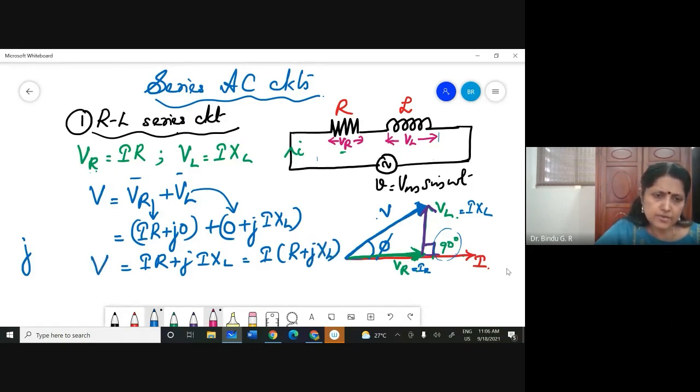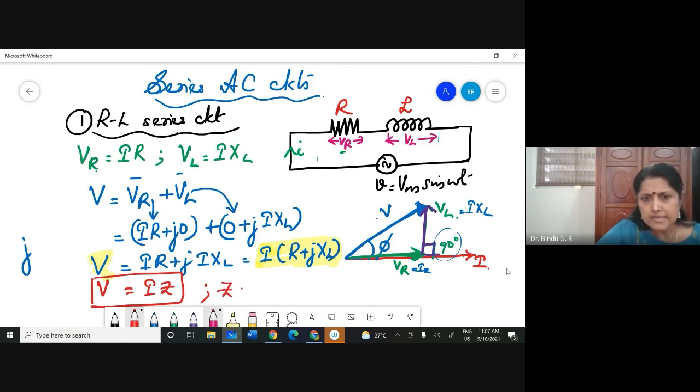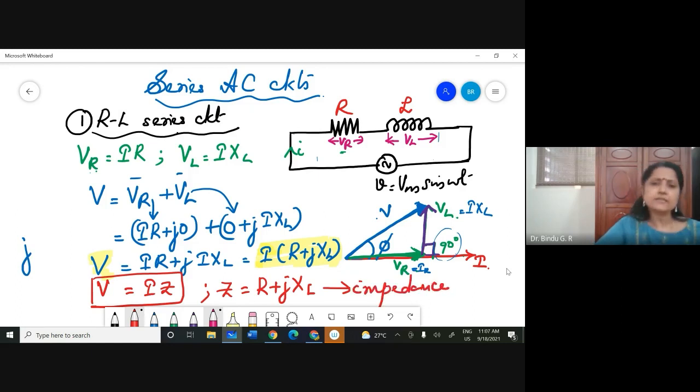That is, V is equal to I into R plus JXL, which looks similar to V is equal to IR. Or I can say, instead of having a resistance alone, I can have V is equal to I into Z, where Z is equal to R plus JXL, called the impedance of the circuit.